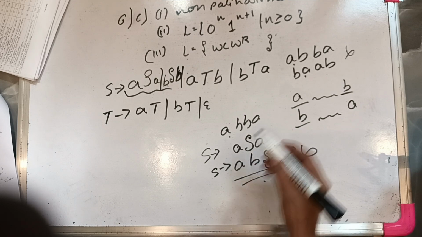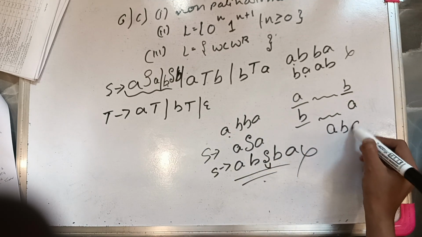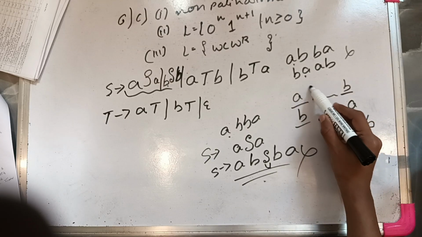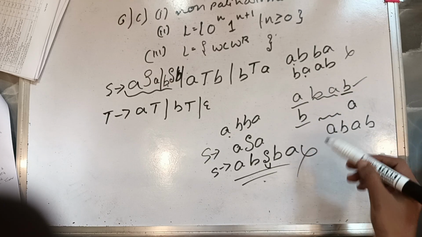Suppose it is AB here. AB is a non-palindrome, correct?